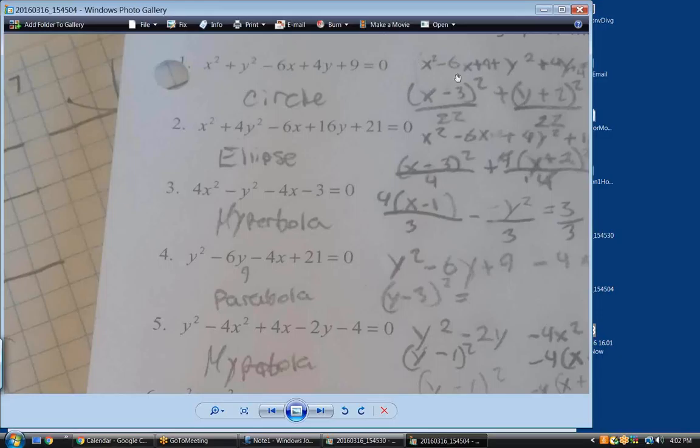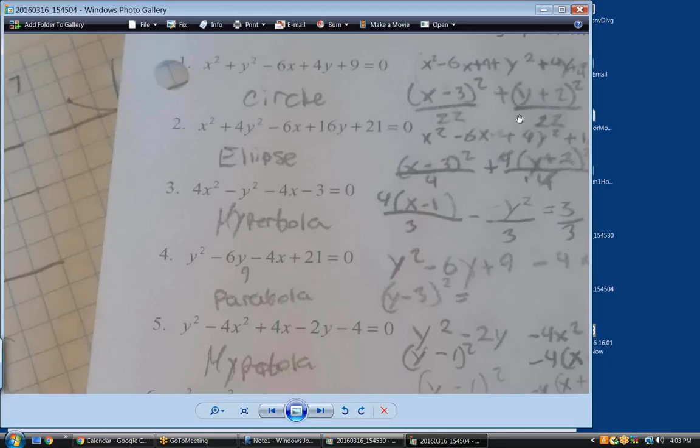So you combine the x's, x squared minus 6x plus 9 plus y squared plus 4y. And then you didn't need to complete the square here. It was already in that form. This one you needed to add. No, that 9 is completing the square.